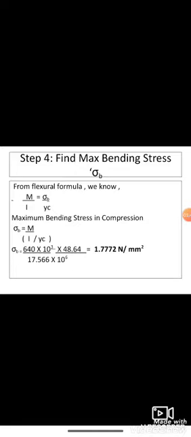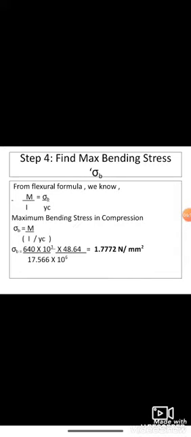Now find bending stress. We know the flexure formula, M divided by I is equal to sigma B divided by Y. Maximum bending stress in compression, sigma B is equal to M divided by in bracket I divided by YC bracket close. M is 640 into 10 raised to 3 into 48.64 divided by 17.566 into 10 raised to 6.